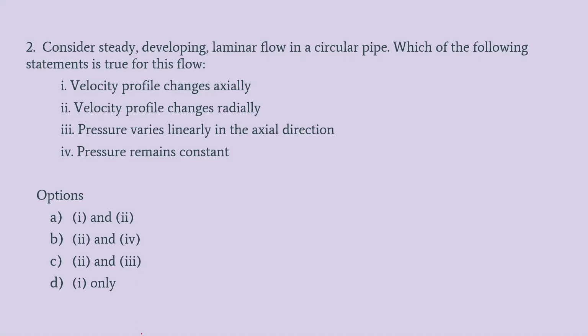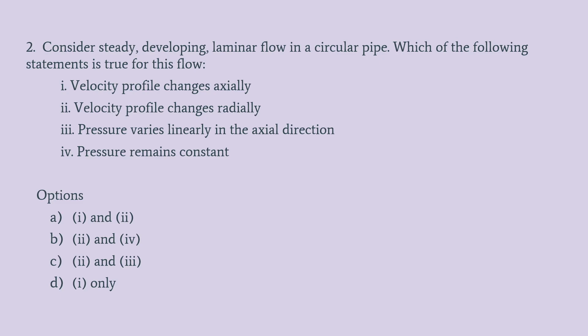Moving on to the next question. Consider steady developing laminar flow in a circular pipe. Which of the following statements is true for this flow? The statements are: first, velocity profile changes axially.